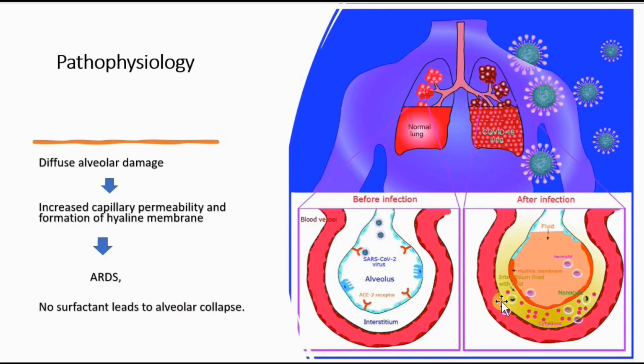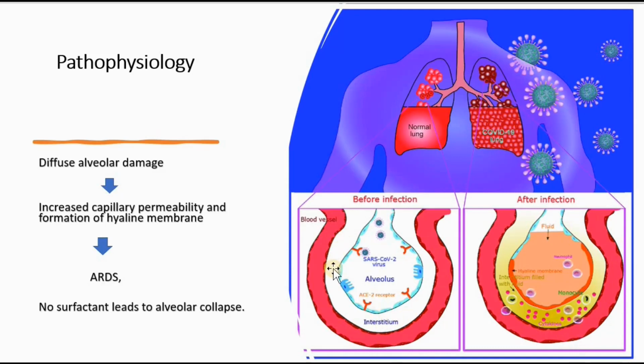So this cytokine storm leads to diffuse alveolar damage. That means it damages the alveoli and it damages the blood vessels. When the endothelium, the blood vessel, is damaged, the capillaries get leaky. As a result, plasma fluid in the blood with proteins leaks into the interstitium.